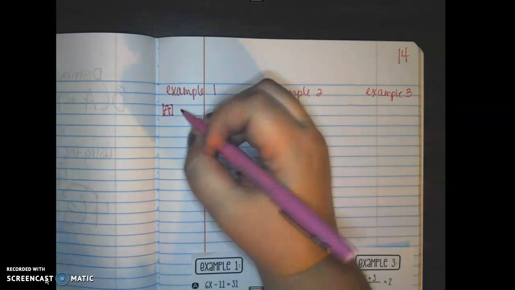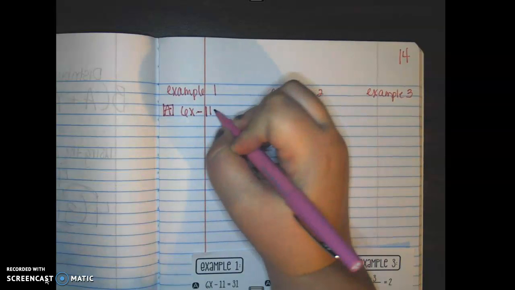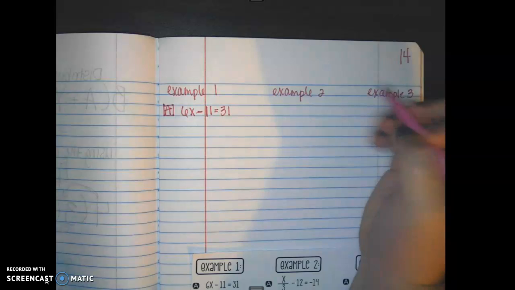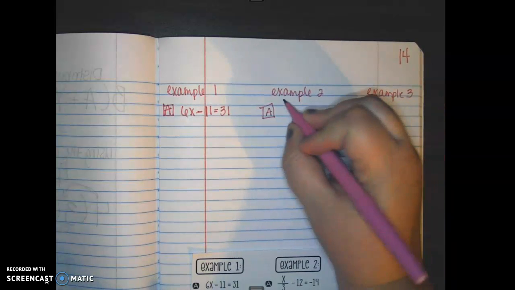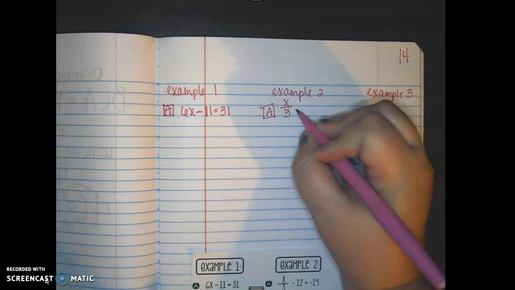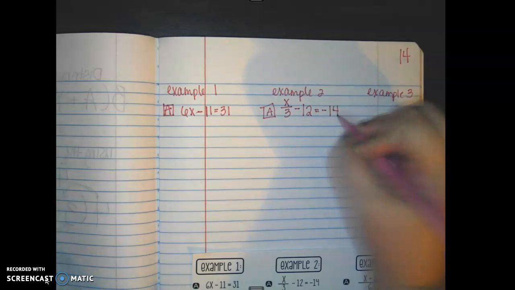So we have 6x minus 11 equals 31. Our example A here is x over 3 minus 12 equals negative 14.